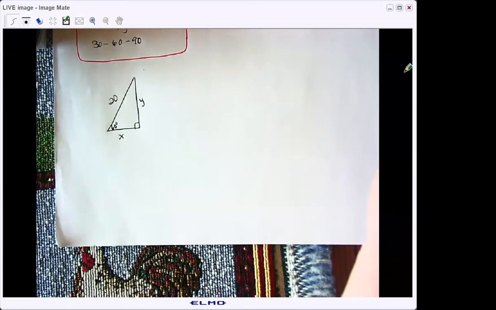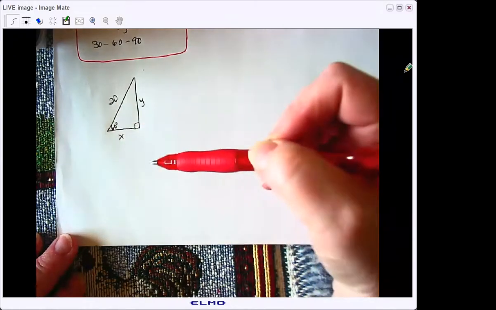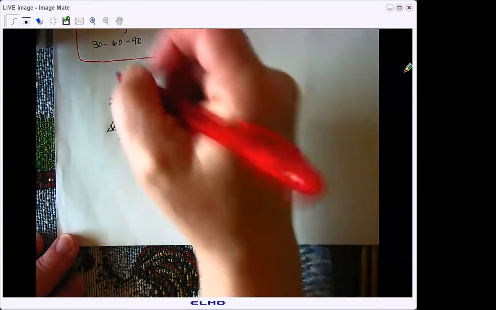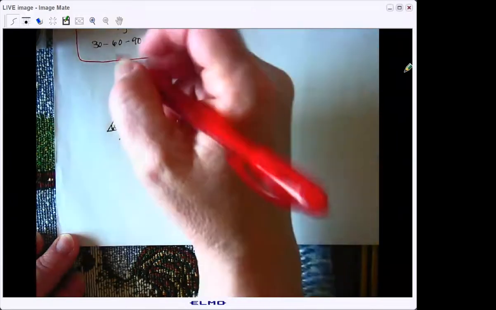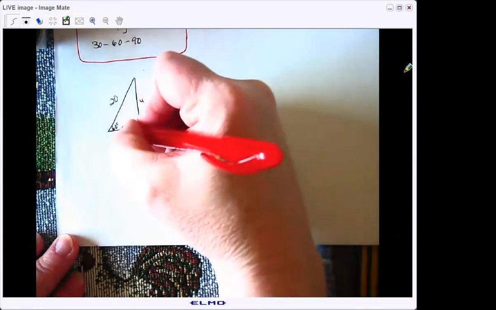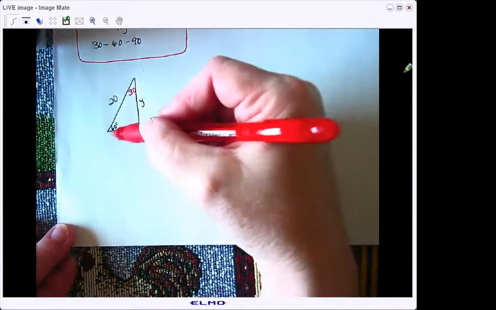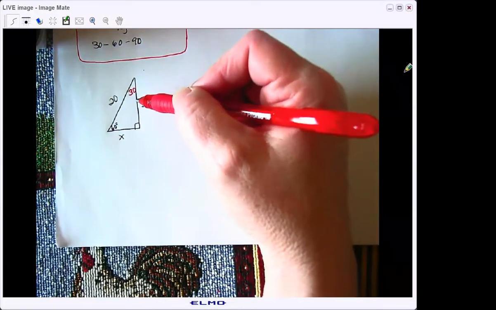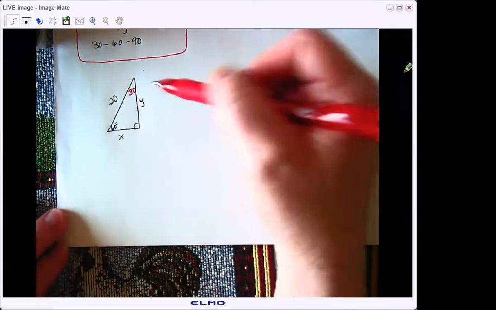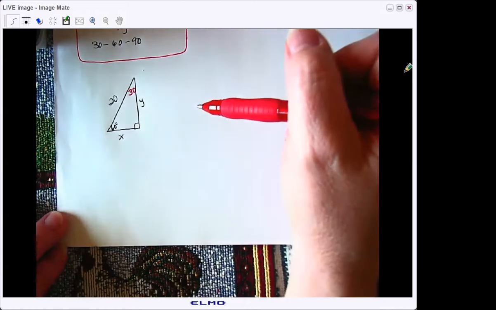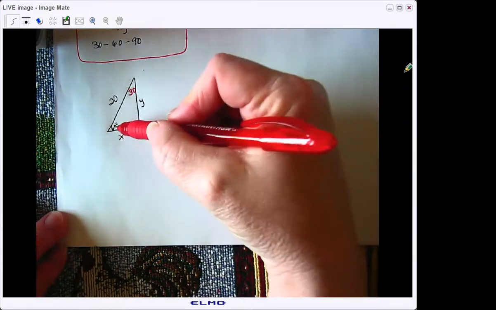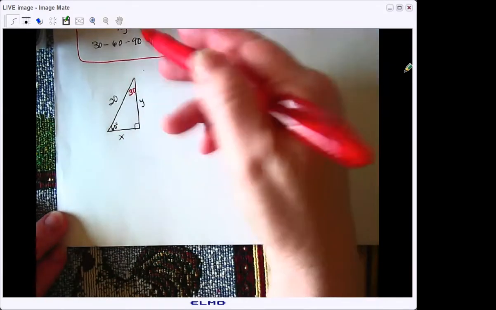You divide by 2. 60 divided by 2 would give me 30. But if you don't see a 30, all you're going to do is write it in. So here, this one's 60, so that makes this one 30.